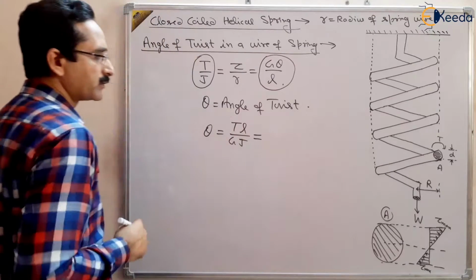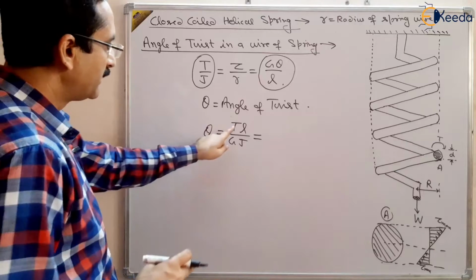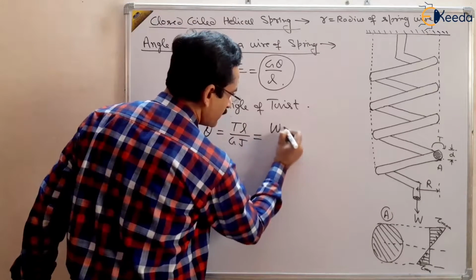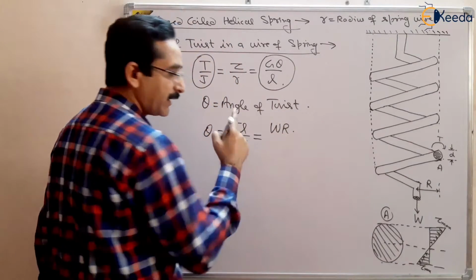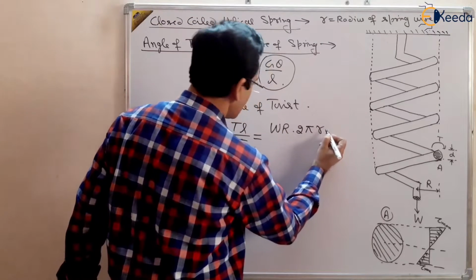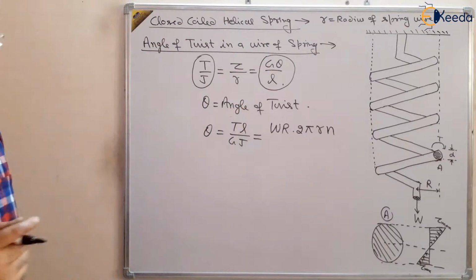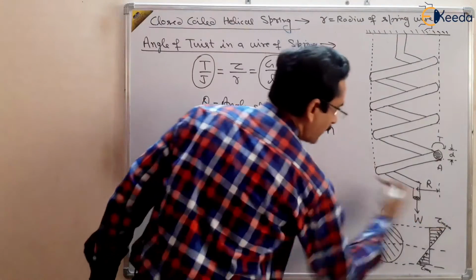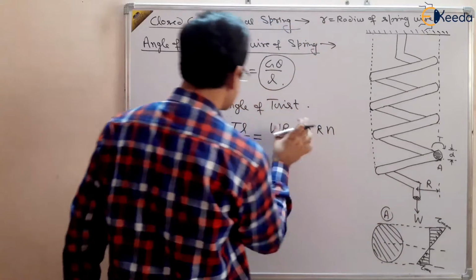What is T? Torque. In the previous section we found out these things, right? T, L and J. What is T? Torque, that is WR. Remember the previous session of this class. And L is 2 pi Rn, right? 2 pi Rn is the length of the spring, where 2 pi R is the circumference with capital R the mean radius.